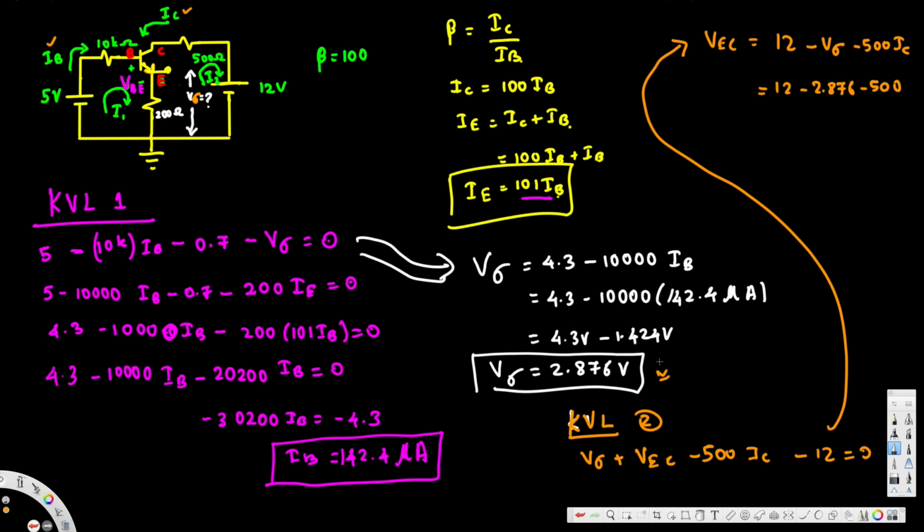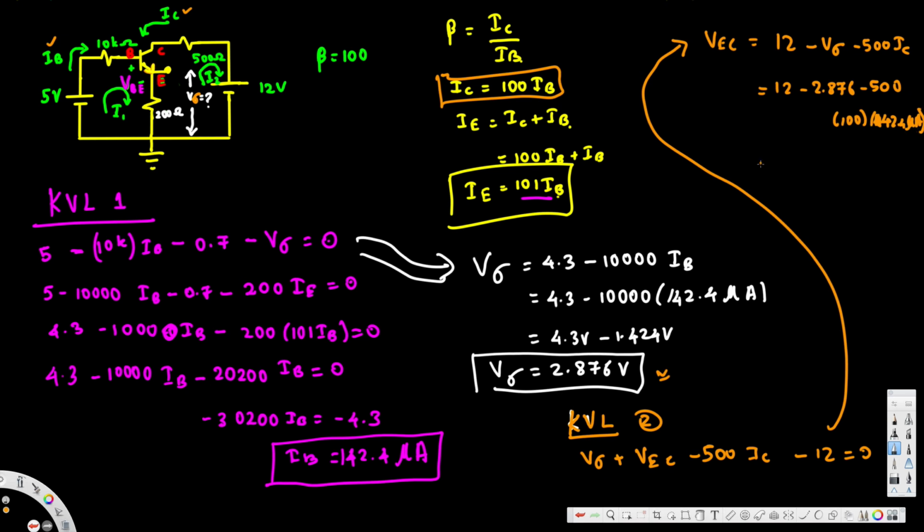IC, we have a relationship between IC and IB. IC is 100 times IB, and we know IB is 142.4 microampere. So we multiply that with 100, so 100 times 142.4 microampere.